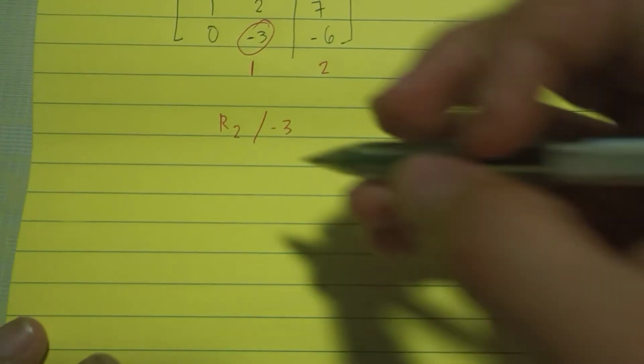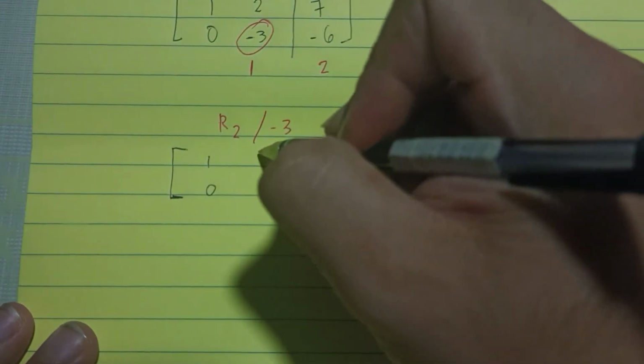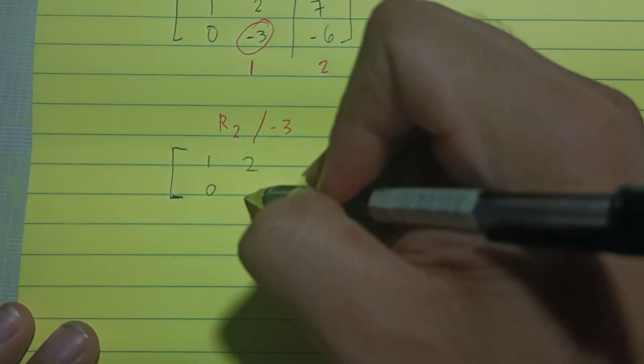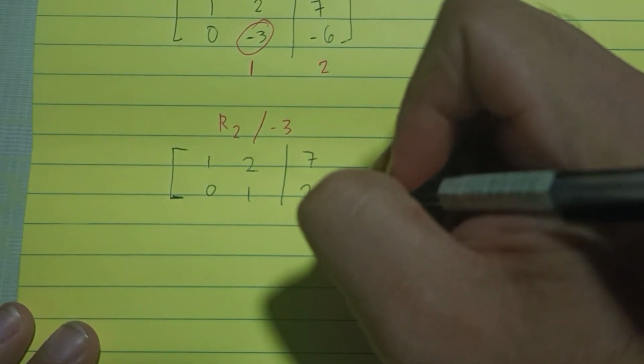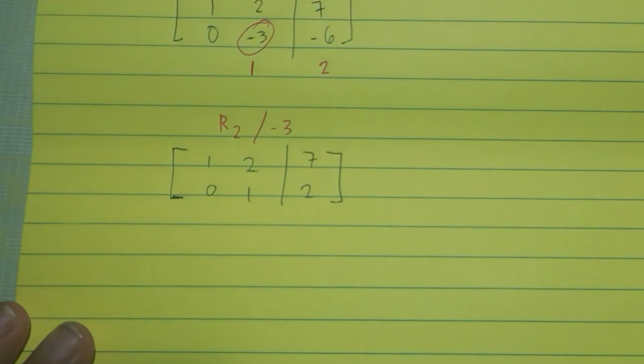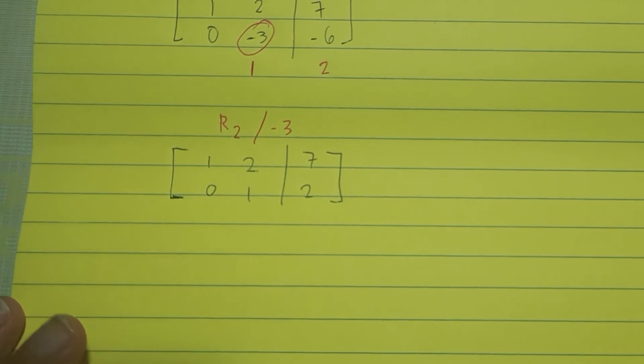So our final matrix here is 1, 2, 7 in the first row, and 0, 1, 2 in the second row. That is our final matrix.